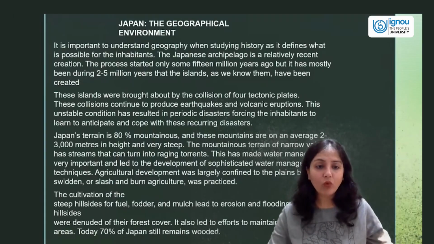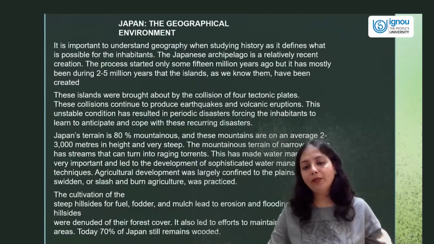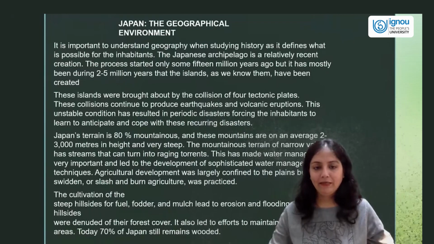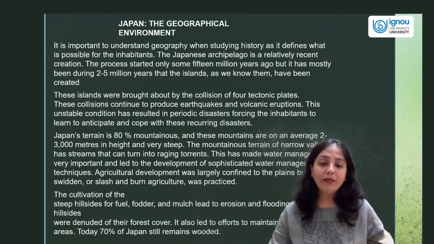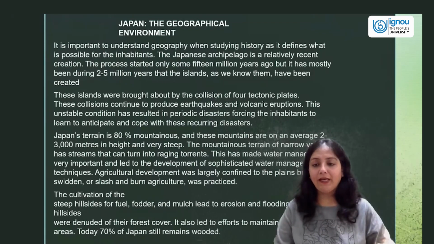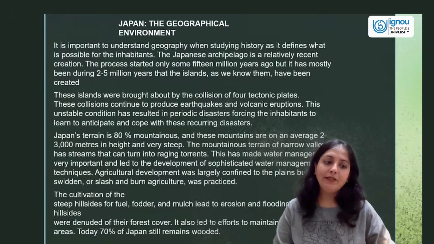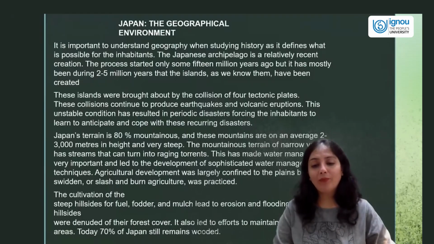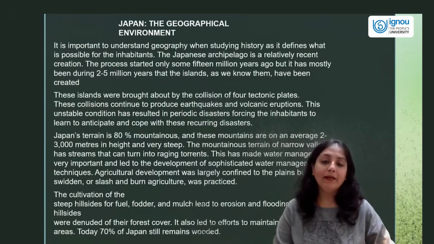This has made water management very important and led to the development of sophisticated water management techniques. Agricultural development was largely confined to the plains, but swidden or slash and burn agriculture was practiced in Japan.